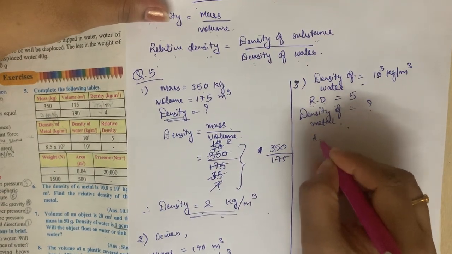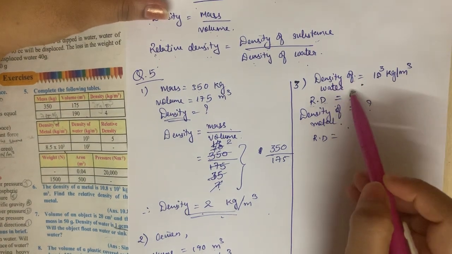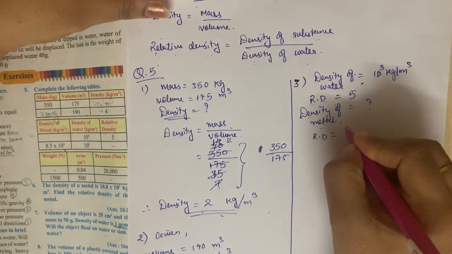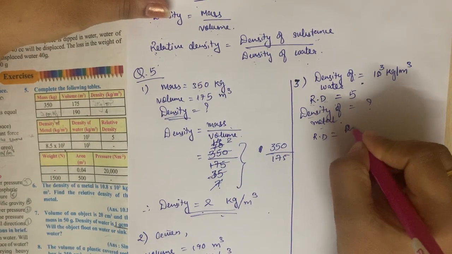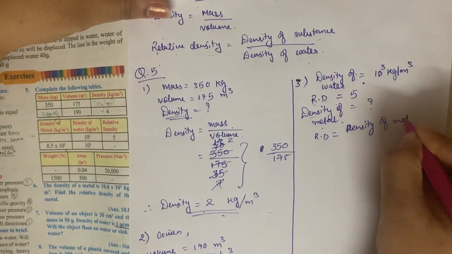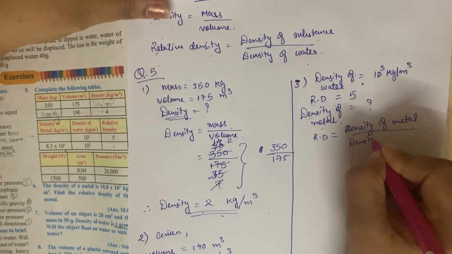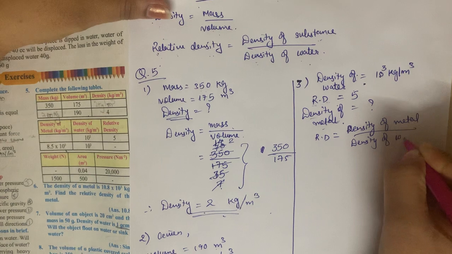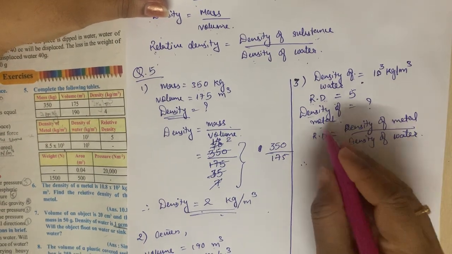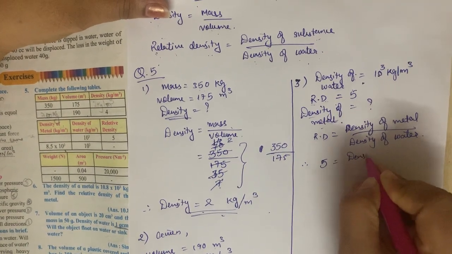So just write down RD is equal to, which information is given? Density of water. That means this one is given. Density of metal is not given. So write down density of metal upon density of water. So you are writing RD, that is given 5, density of metal, that is what you have to find out.